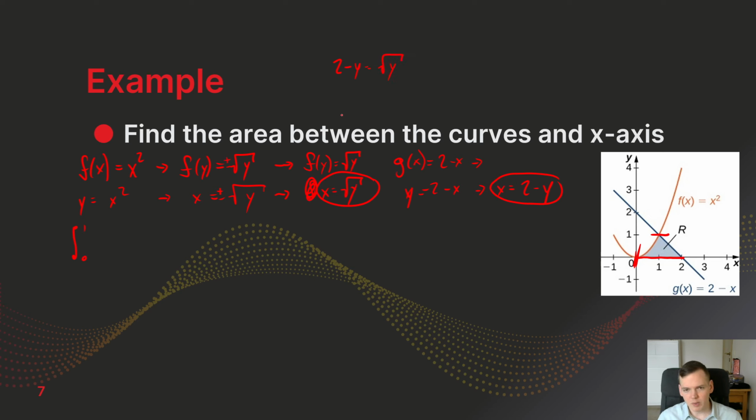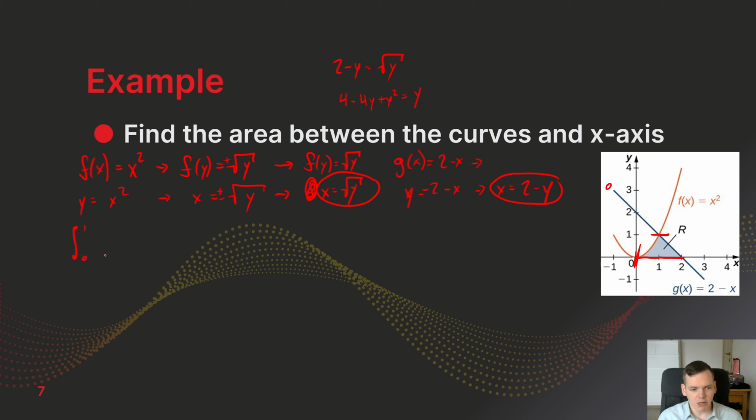You can square both sides, and that will give you 4 minus 4y plus y squared is equal to y, and then continue to solve that through, and you'll get 1 and the other negative value over here, but the 1 is the one that we care about.